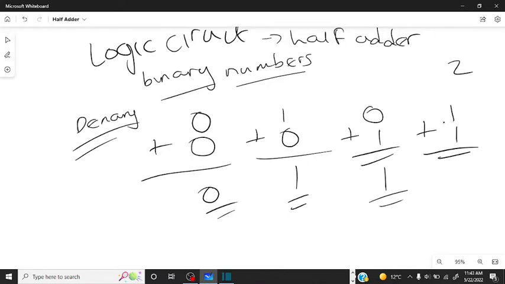And it's quite easy. It's just like how you take the remainder in the denary system. Here's an example. If you have 9 plus 9, 9 plus 9 is 18.